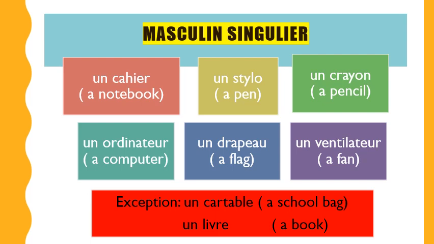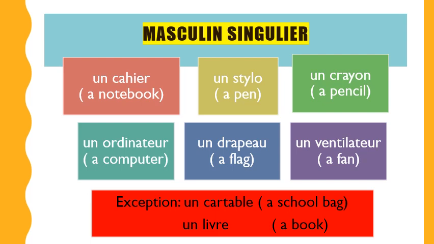That means a pencil. The next one is un ordinateur. That means a computer. The next one is un drapeau. That means a flag. The next one is un ventilateur. That means a fan.